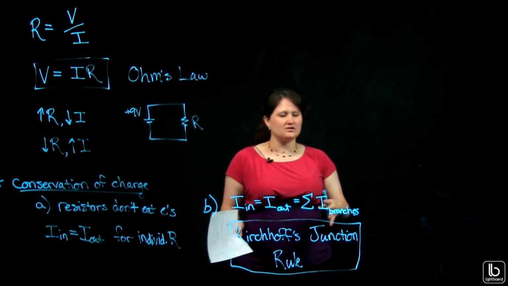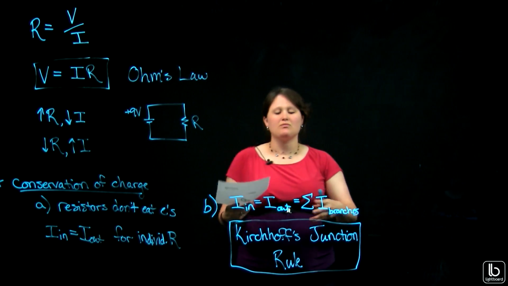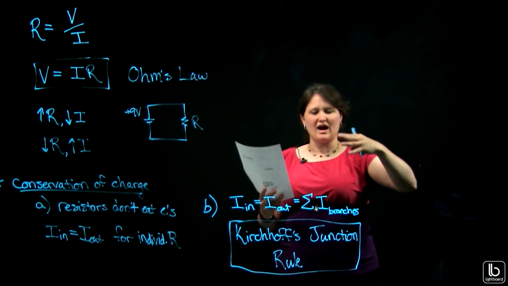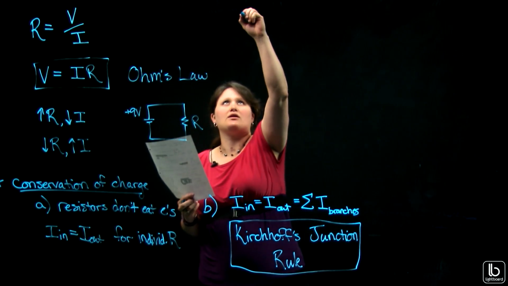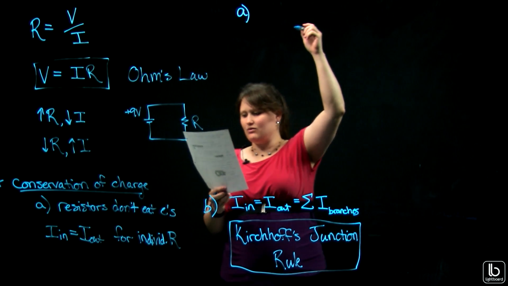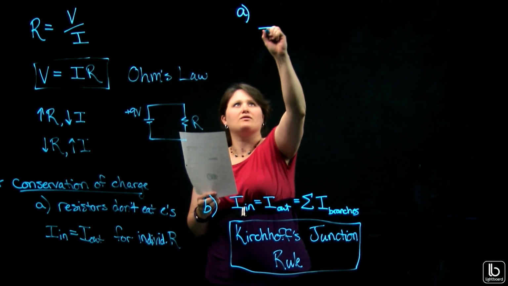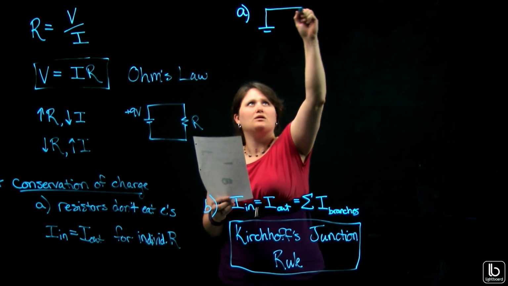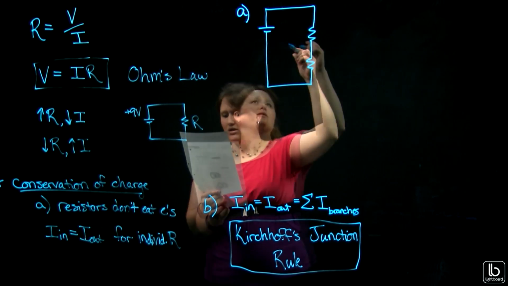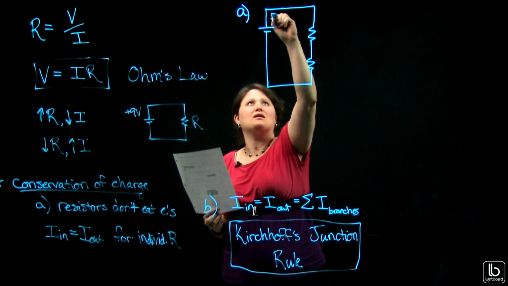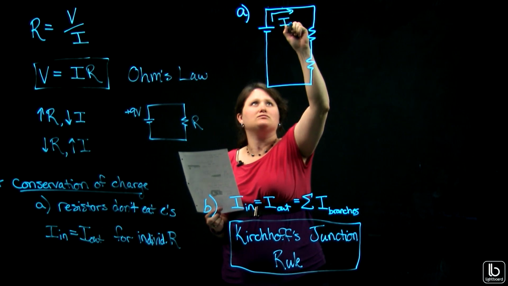So let's look at a case where we have multiple resistors, but we're looking at resistors going one after the other. So this is our case A, if you will. So we're going to have some voltage with two resistors. So I'm going to say that this is I1.